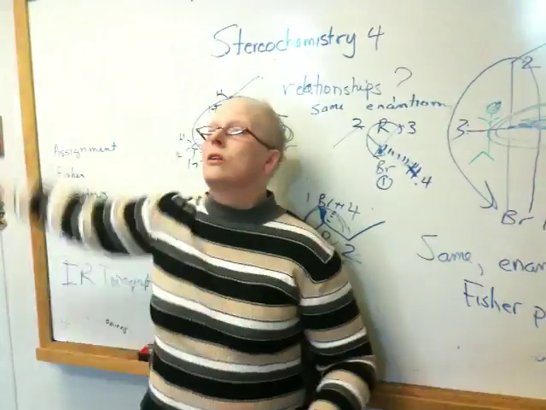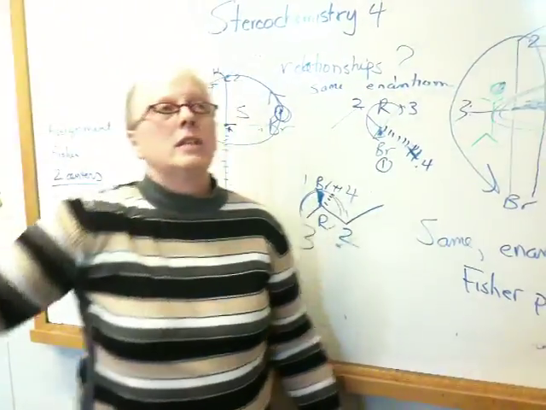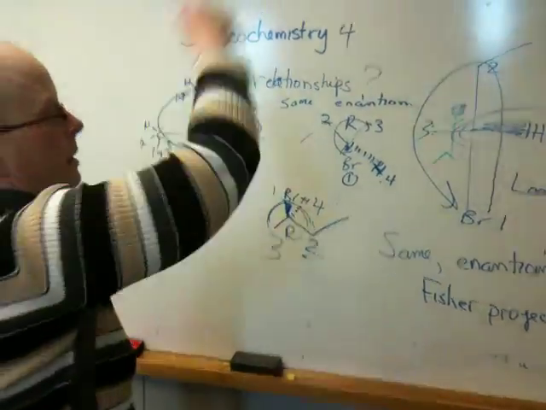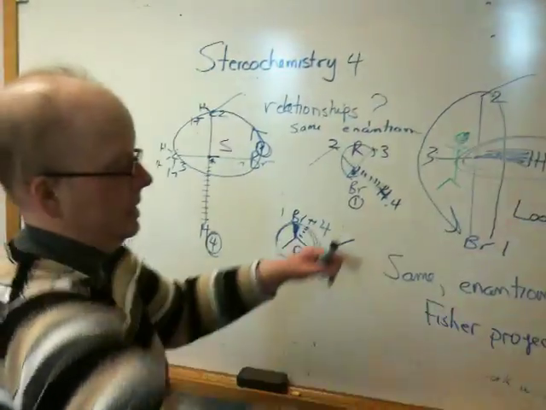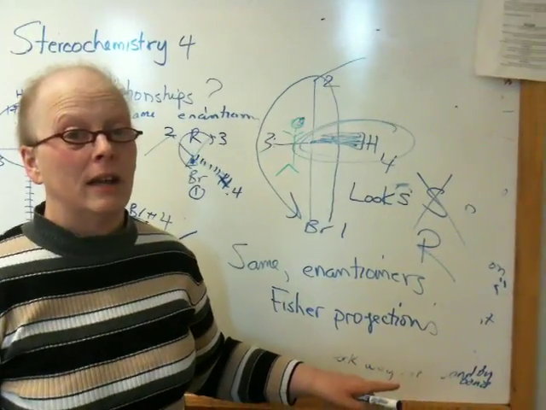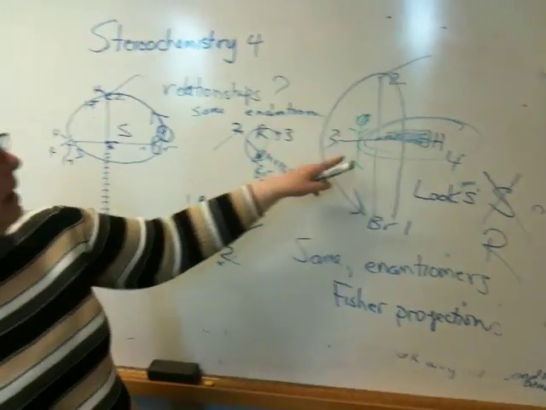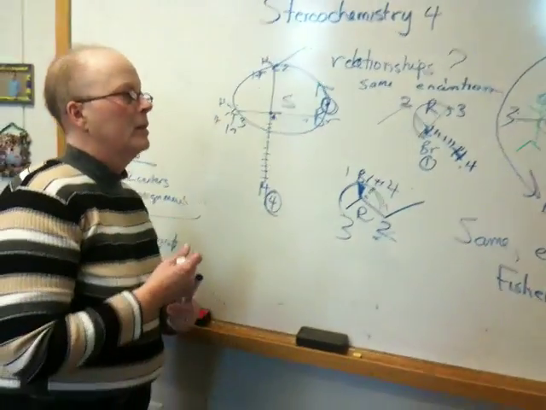So when I trace the circle from 1 to 2 to 3, I'm going to come around so that I'm facing you. This is like turning the molecule around. Which way is it? It's clockwise. What is clockwise? It is R. I didn't do anything really tricky there. I put myself in a position so this was away from me. Okay?